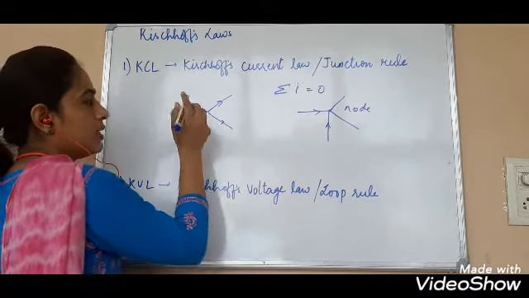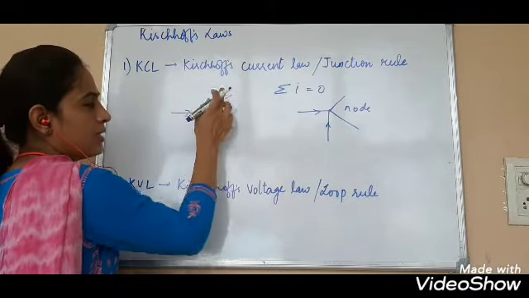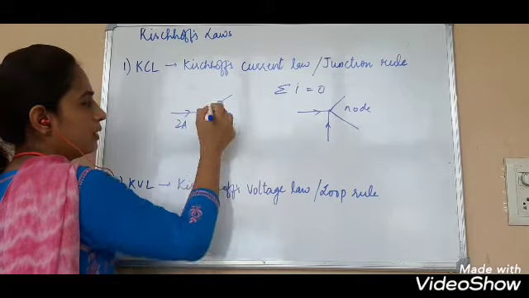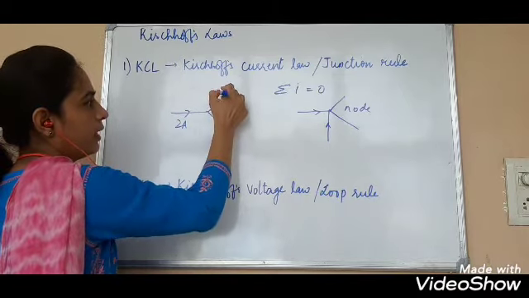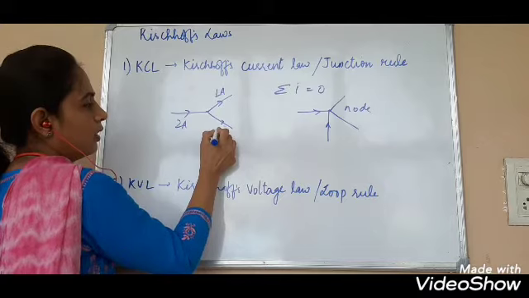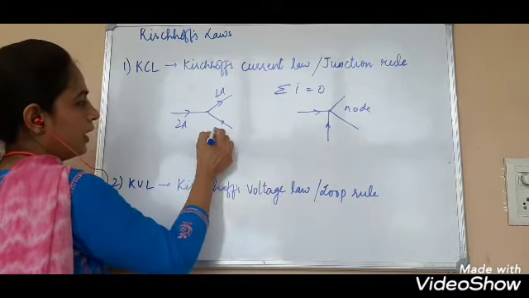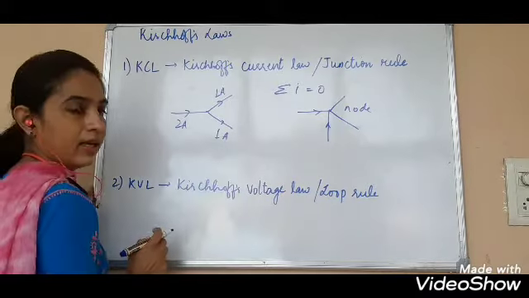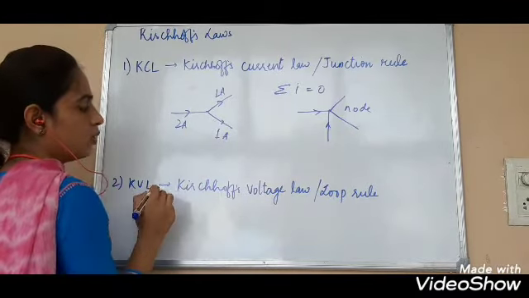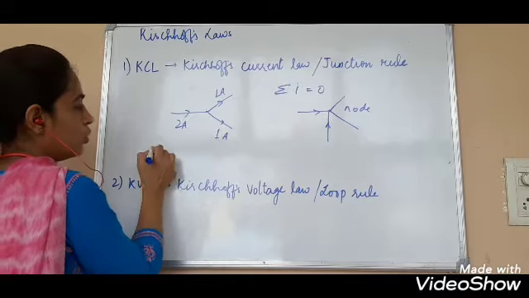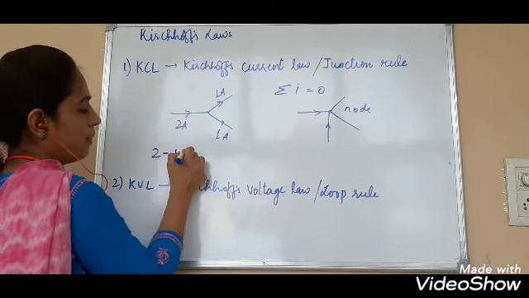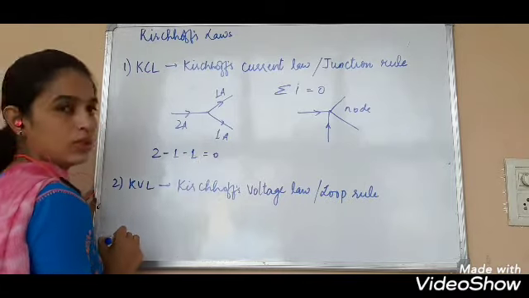So here KCL says that if, for example, this is 2 ampere current, this is 1 ampere current, and this is 1 ampere current, then the summation of I at a junction is 0. So we can write 2 ampere minus 1 minus 1 is equal to 0.